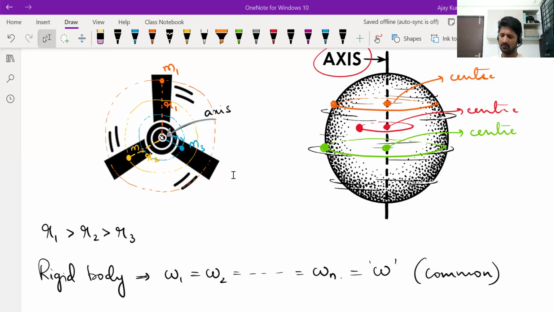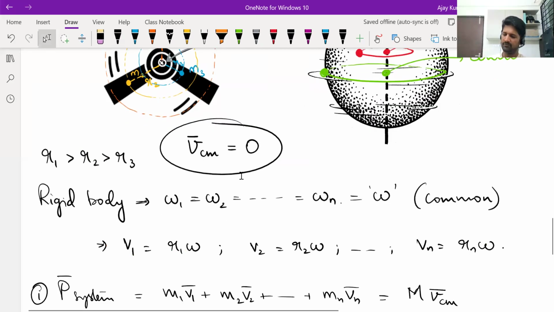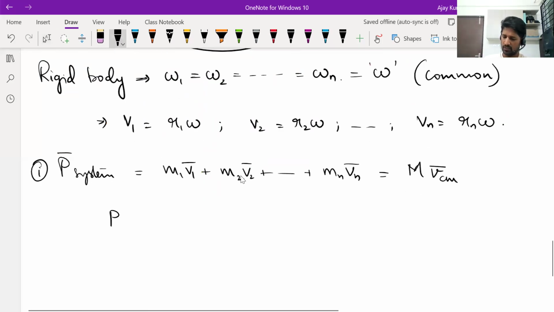No, sir. Therefore, what is the velocity of the center of mass of the rotating ceiling fan? 0, sir. And if the center of mass velocity is 0, what is the total linear momentum of the rotating ceiling fan?